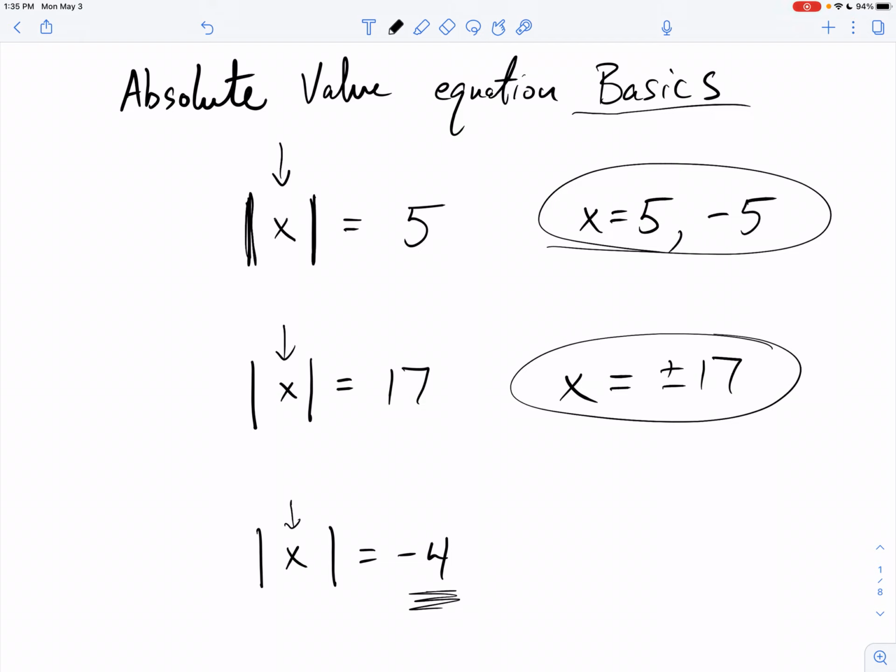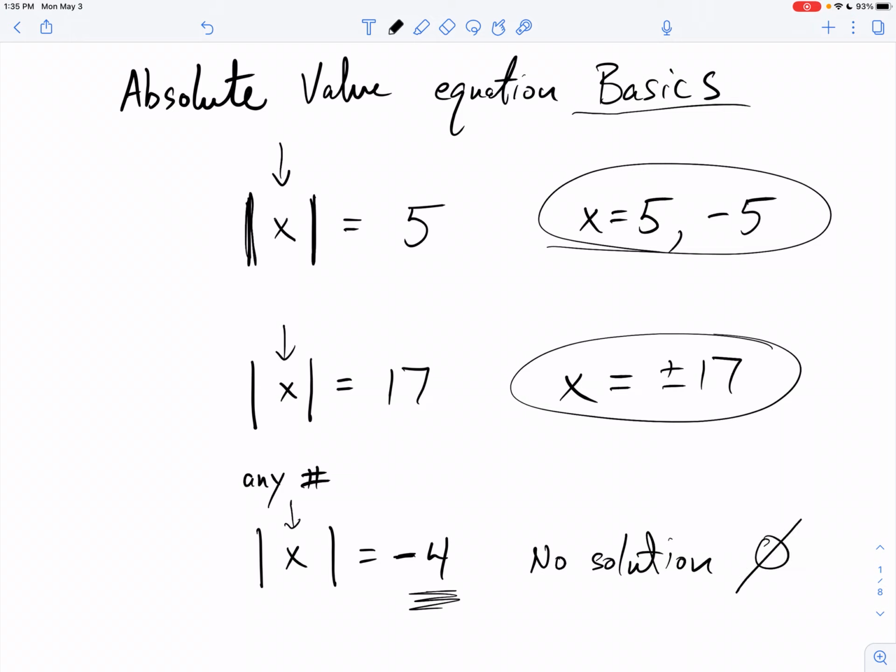In fact, if I plug any number in here, and I take the absolute value of it, it will never be negative. Therefore, you can run into things that are not solvable. There is no solution, or we could say the empty set is our answer.